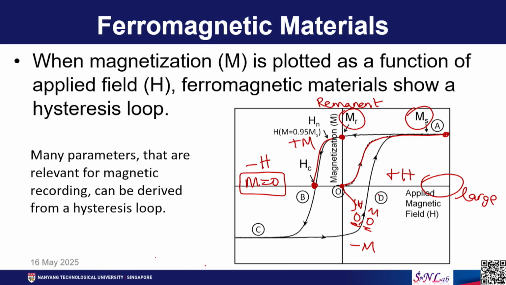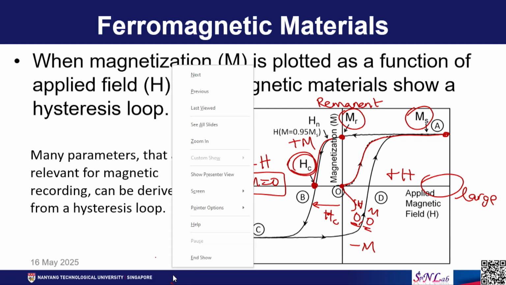Okay. So this field, you can see this is a certain field, right. The field at which magnetization becomes 0 is called coercivity. So this is another important parameter, and if you go further, again you will reach saturation.